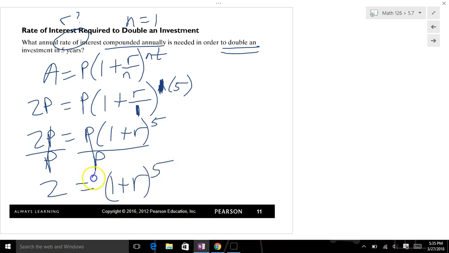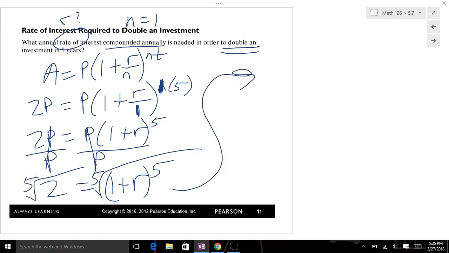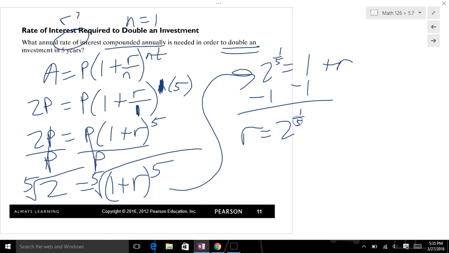So now you just take the 5th root of both sides. And that'll become the 5th root of 2, in other words, 2 to the 1/5, same thing as the 5th root of 2, equals 1 plus r. Subtract 1 from both sides. So that's what our r is: 2 to the 1/5, or the 5th root of 2, minus the 1.